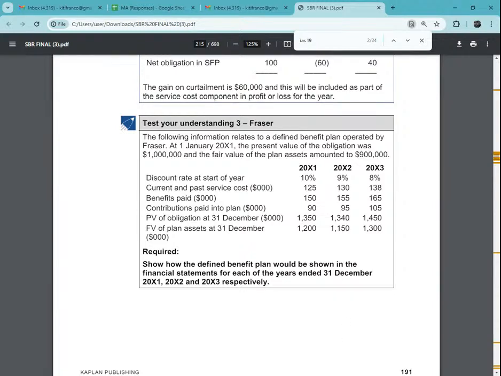It's a speed test. This book is the ACCA book which you have. Mary Ann can share it in the WhatsApp group. You need this book. It's very, very practical.